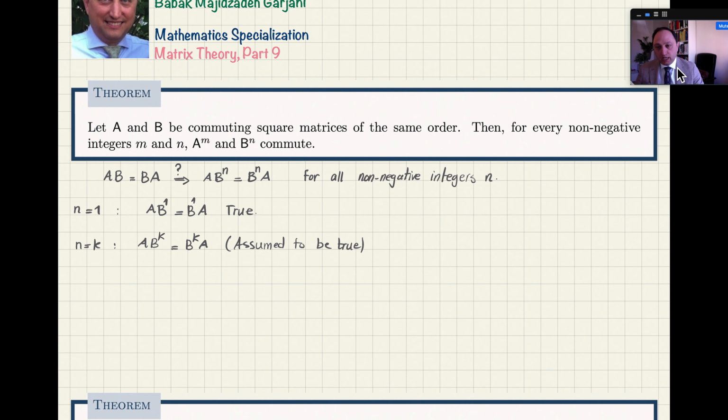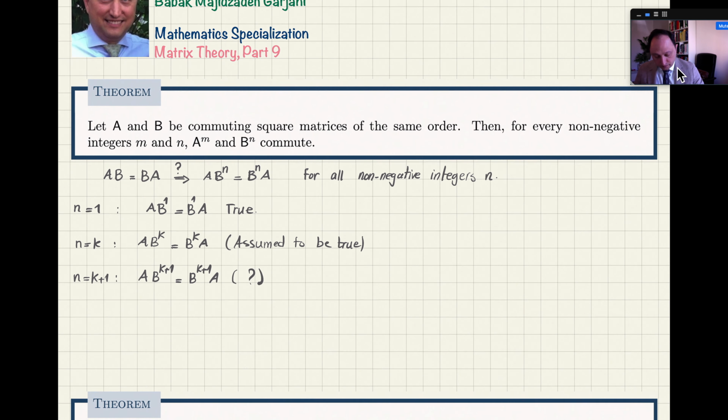Of course, here k is any natural number greater than or equal to 1. And then we want to show that the next one is also true. We want to show that A times B to the k plus 1 is equal to B to the k plus 1 times A.